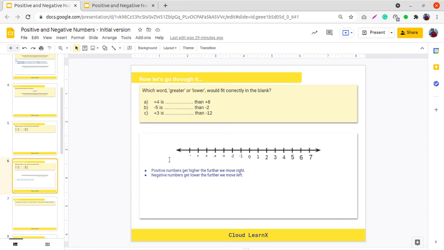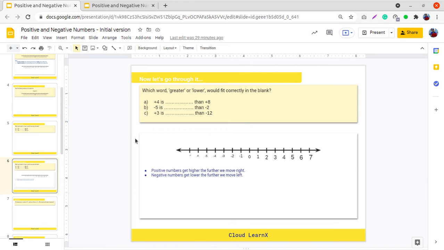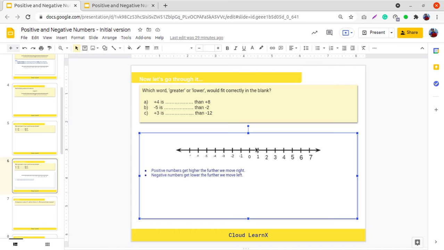So when you look at this visualization, I think it's good, right? This visual gives us an idea of the numbers getting bigger when you go to your right, and how the value gets smaller when you go to your left.